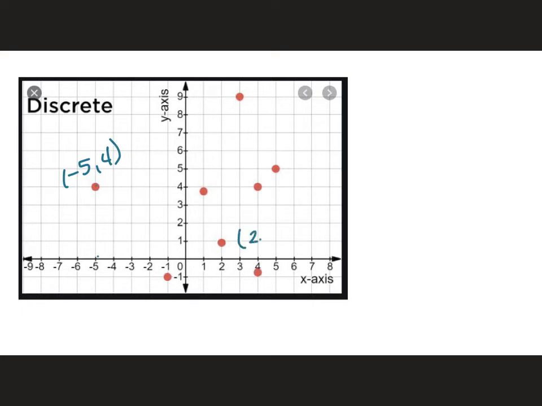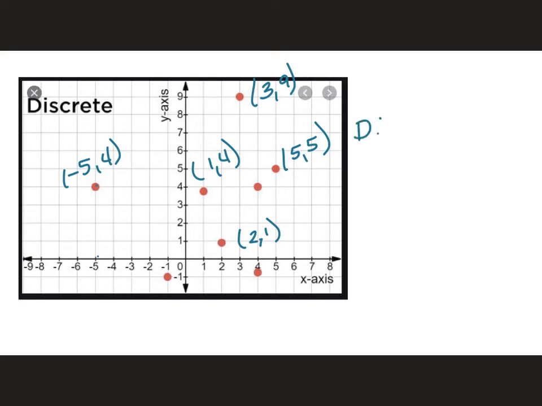Let's say this one is 2, 1. This one is 1, 4. I know it's not exactly on the 4, but it's okay. We're just going to use some whole numbers. Here I have 3, 9. And we'll use this one right here, 5, 5. I just picked a handful of points. We can use all of them if we want to, but just for the sake of time, I'm not going to torture you with that.